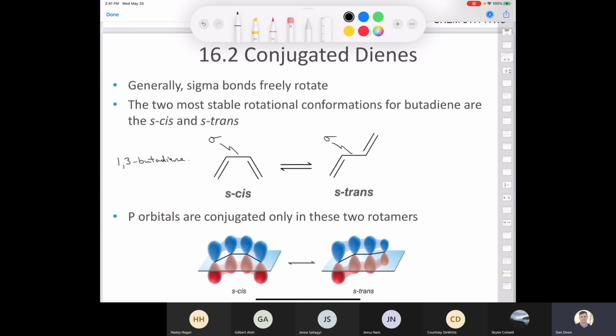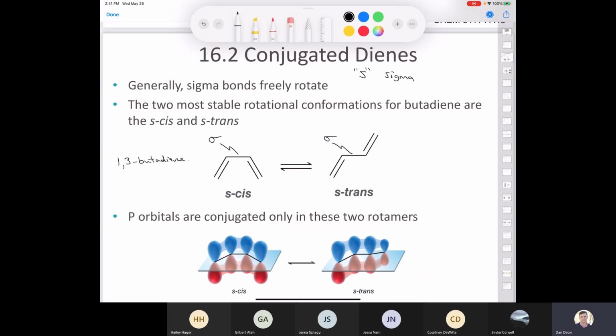It's got two most stable rotational conformations, what we call an S-cis and an S-trans. The S stands for sigma, because it's a sigma bond, and there's free rotation around that bond. It says the p orbitals are conjugated only in these two rotamers.